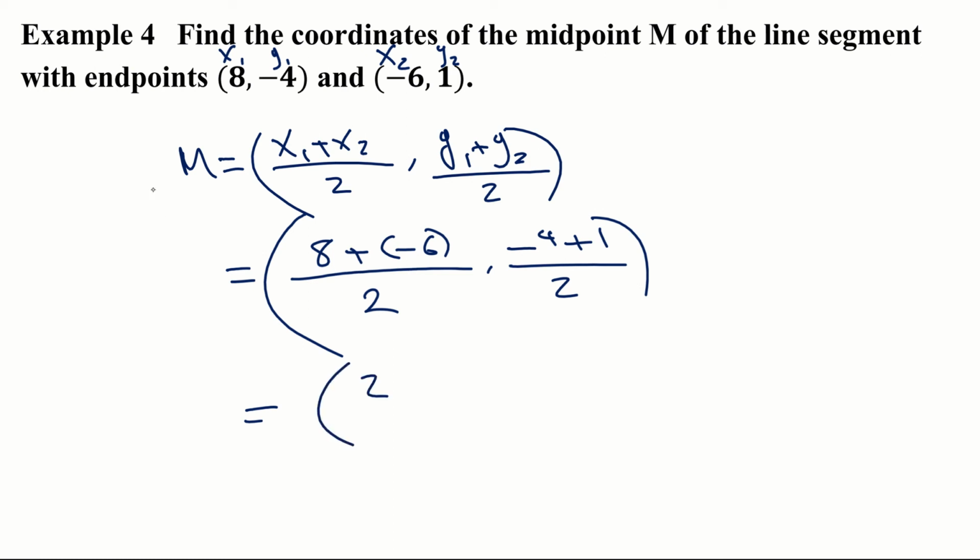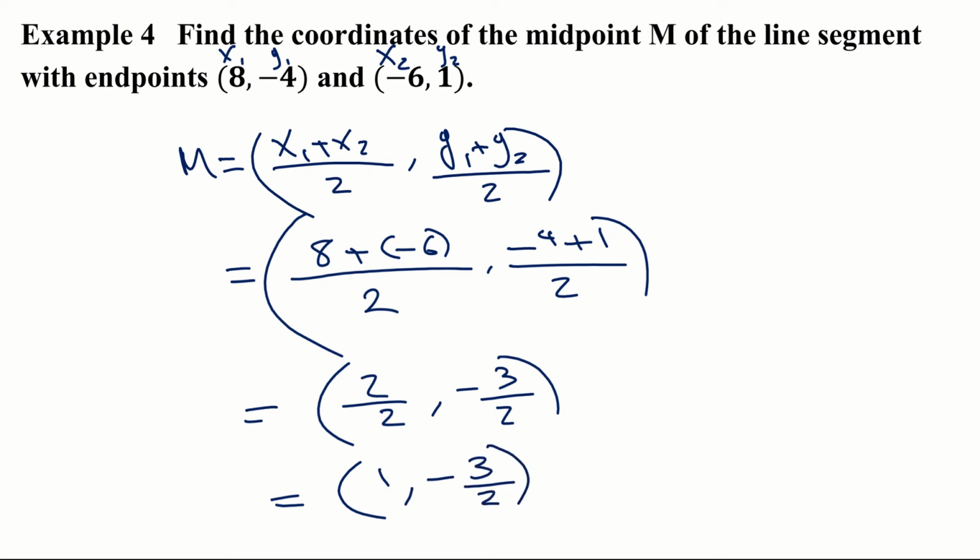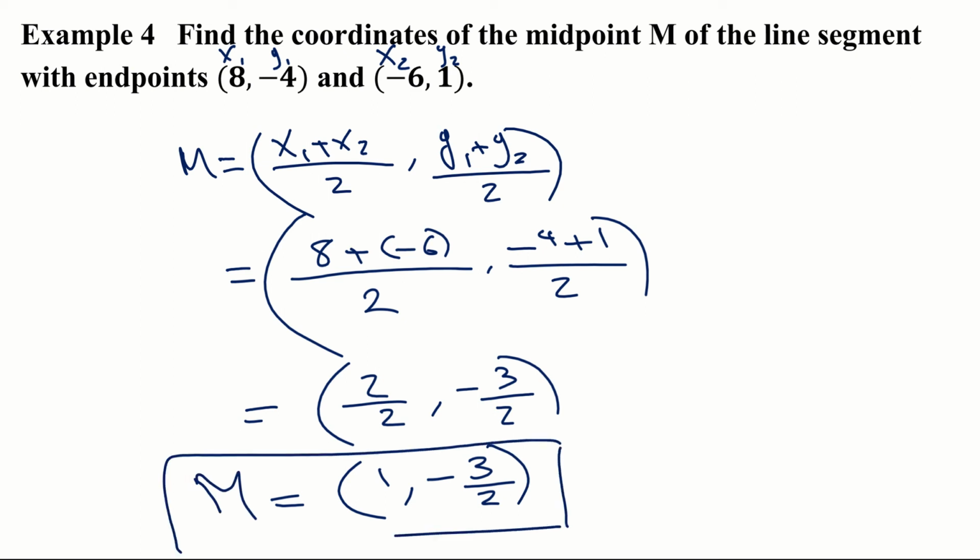So we have 2 over 2, comma, and this is going to be negative 3 over 2. So the simplest form will be the ordered pair 1, negative 3 halves. And that is the midpoint of those 2 points in the Cartesian coordinate plane.